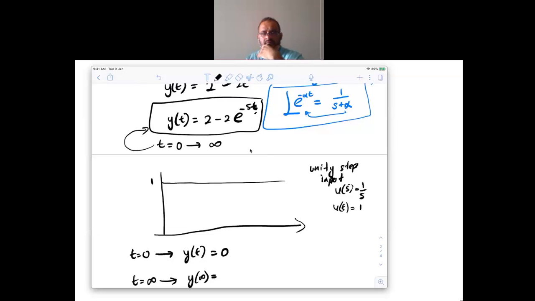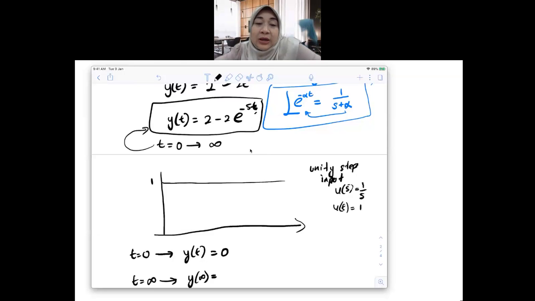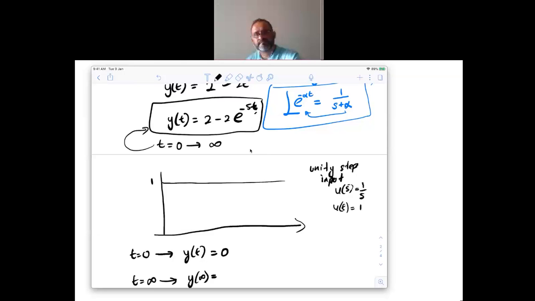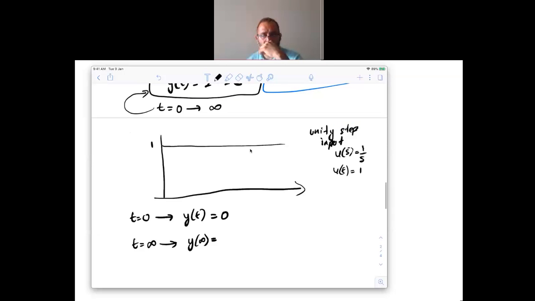Exponential of negative infinity is 0. Then 0 multiplied by 2 is 0. So when you have 0 multiplied by 2 is 0, your output response y(t) will become 2, isn't it?